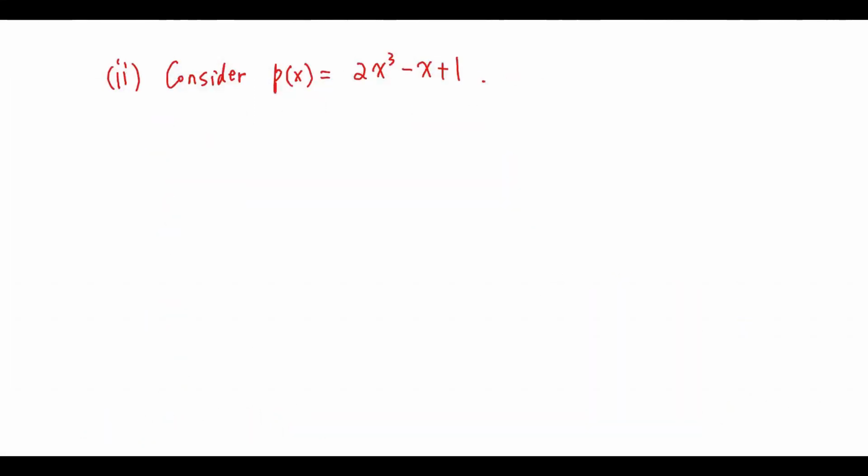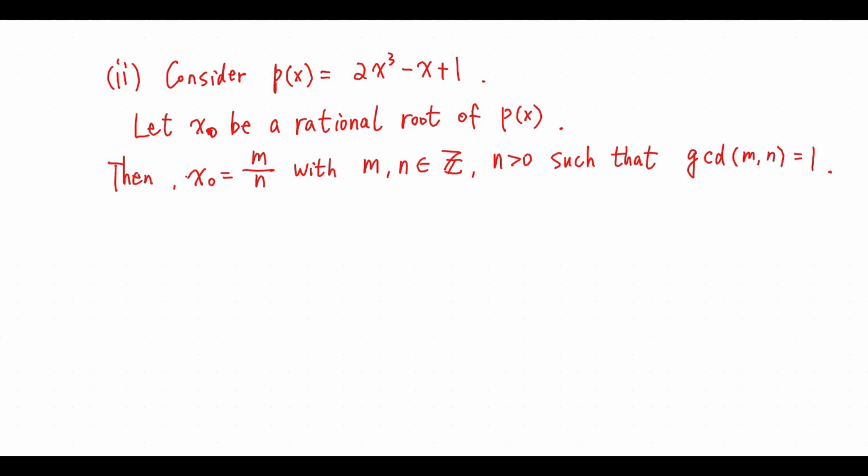Consider this polynomial. Let x0 be a rational root of P(x). Then x0 equals m over n with integers m and n and n greater than 0, such that the greatest common divisor of m and n equals 1. Then m divides 1 and n divides 2.